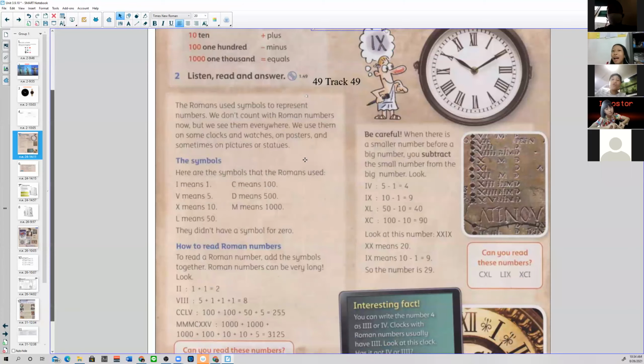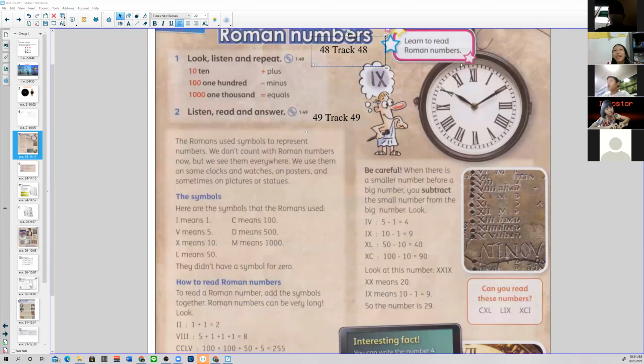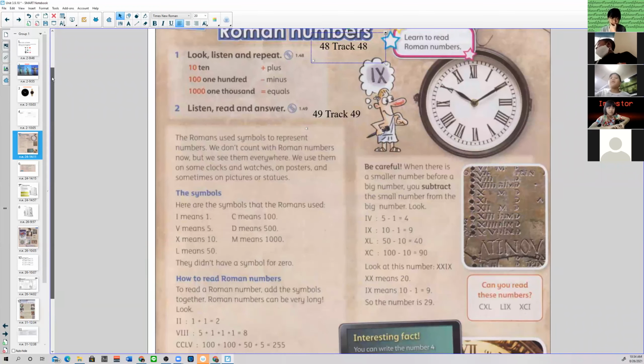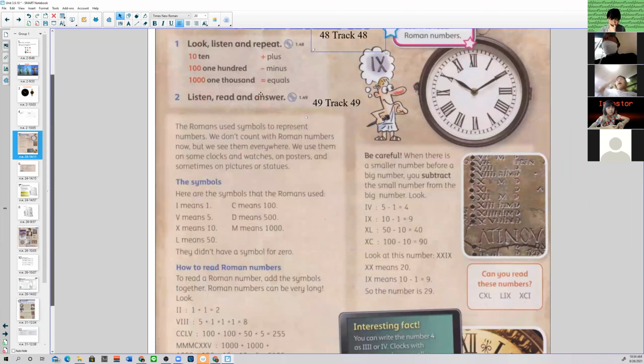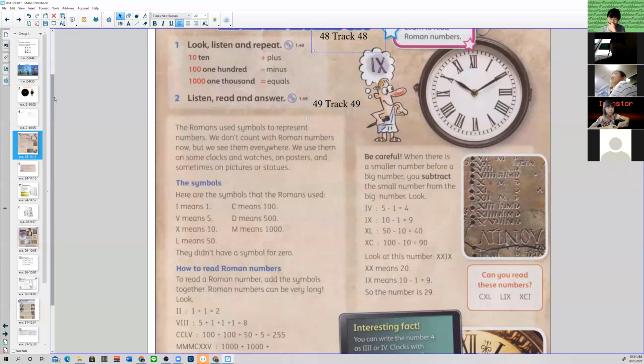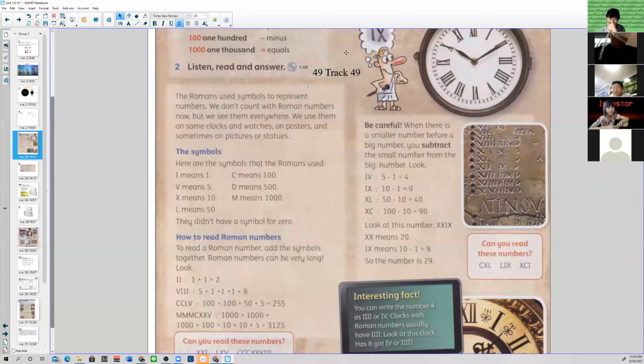So these are the words in mathematics, right? Plus, minus, and equals. And then down below here is the article. I'd like you to look and read along and then answer.